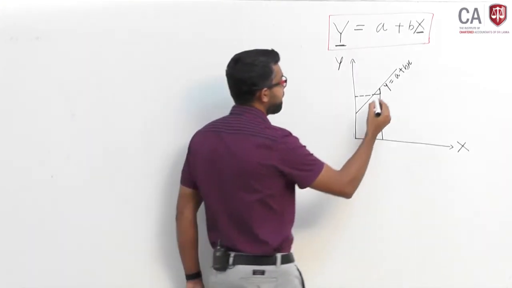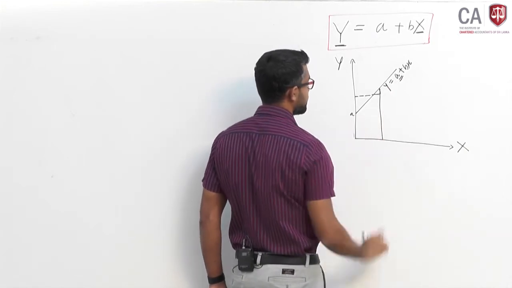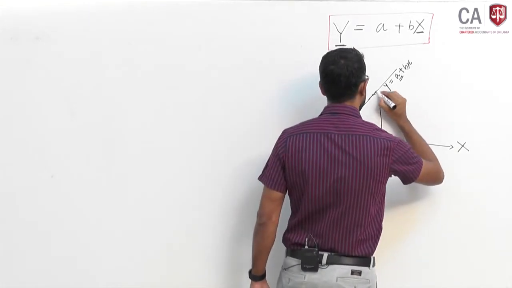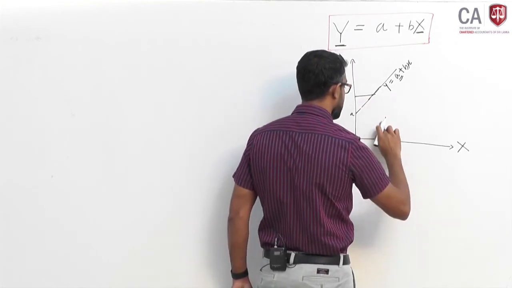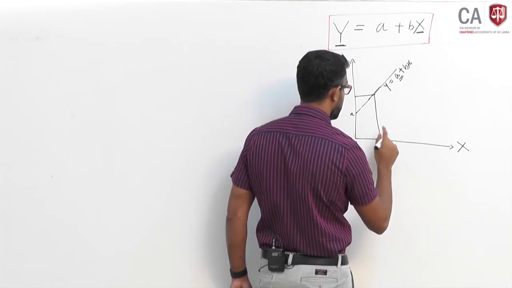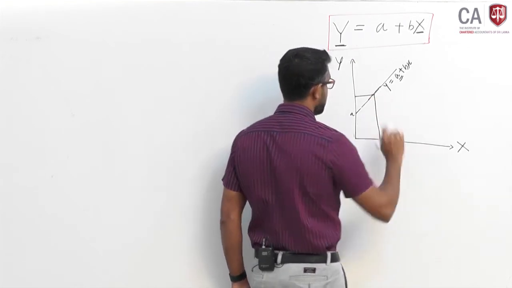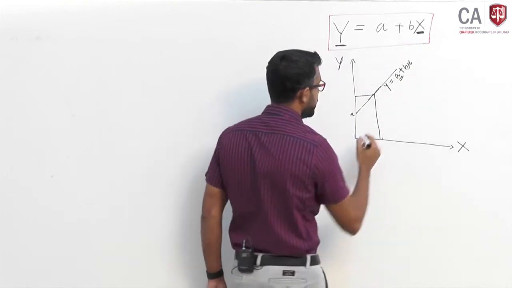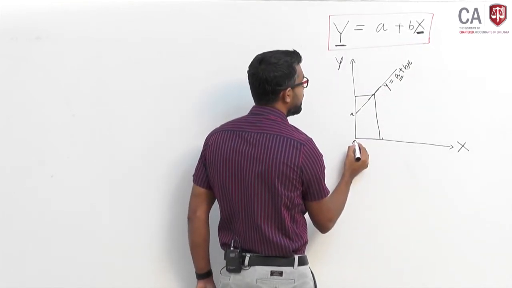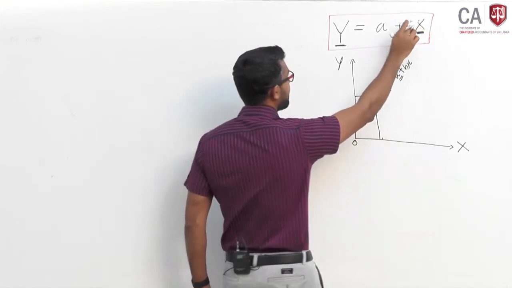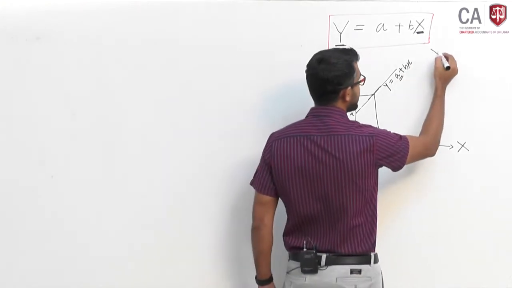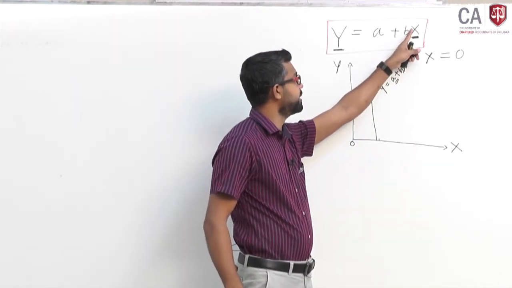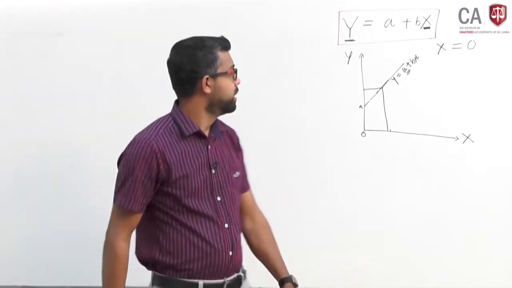There A means, sorry. So when x is 0 here, if you multiply B by x, let us say x equals 0, whatever the number you multiply with 0, the answer is 0.